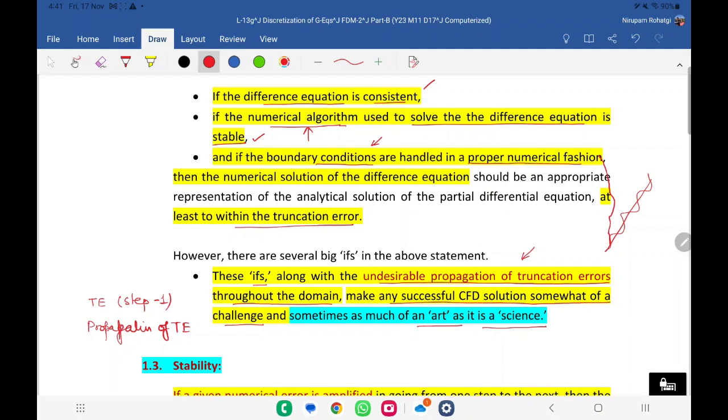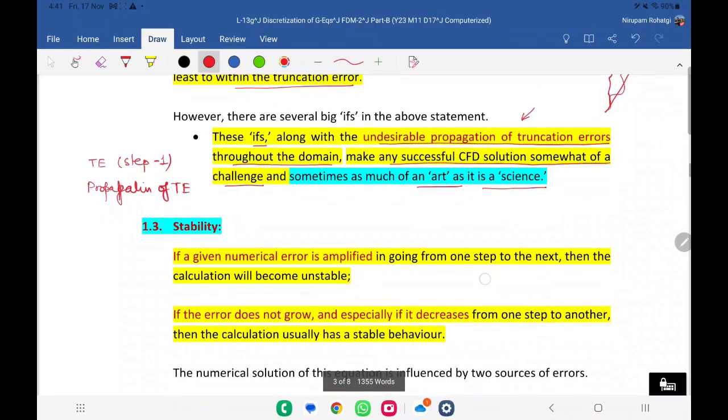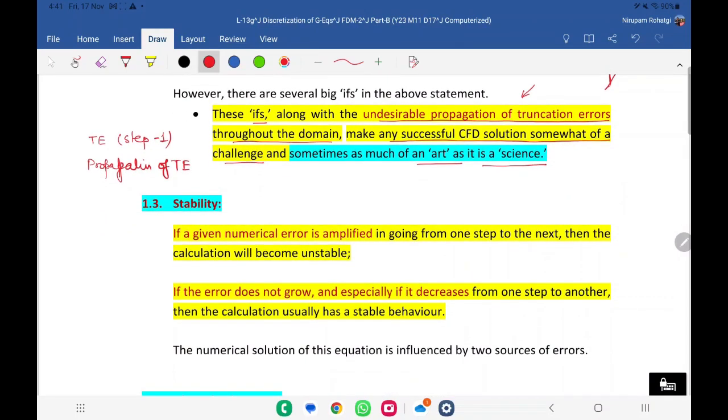Okay. Now we talk about stability. Now this is about the propagation of truncation error. If a given numerical error is amplified in going on from one step to the next, then the calculation will become unstable.